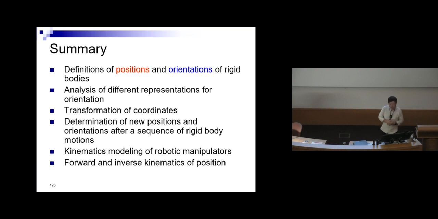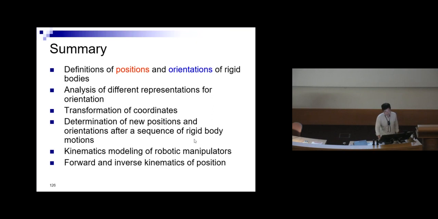Okay. So in summary, we gave the definition of position and orientation of the rigid body. We did an analysis of the different representations for the orientations. We worked on the transformation of the coordinates. And then we determined the new position and orientation after a sequence of rigid body motions. So we have been considering the rigid body.